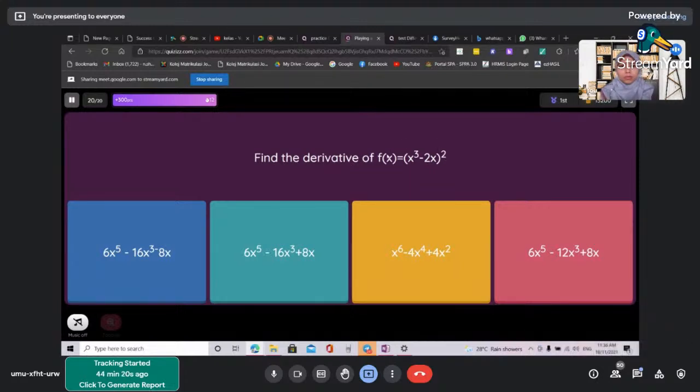So bring the power to the front, and then copy down the bracket, and then you need to differentiate the one inside the bracket. Then you need to expand because the answer is in terms of after expansion. The second one. Okay, anyone else? Do you agree? Second one? Yes. Okay, second one.